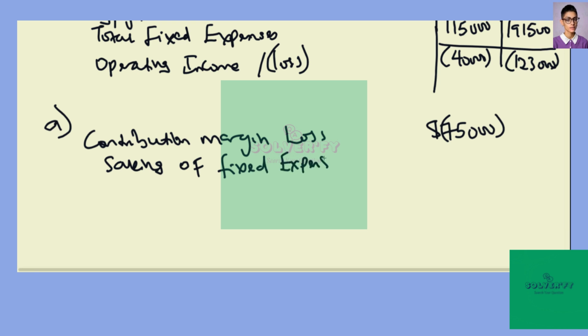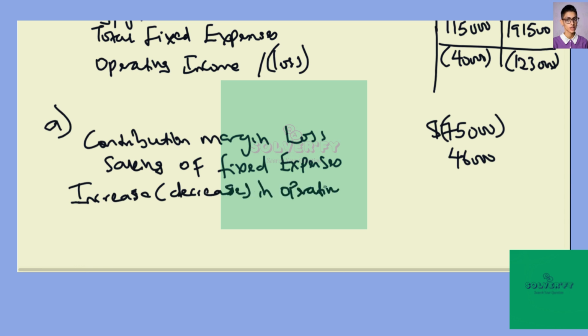And then the increase or decrease in operating income would be $29,000.